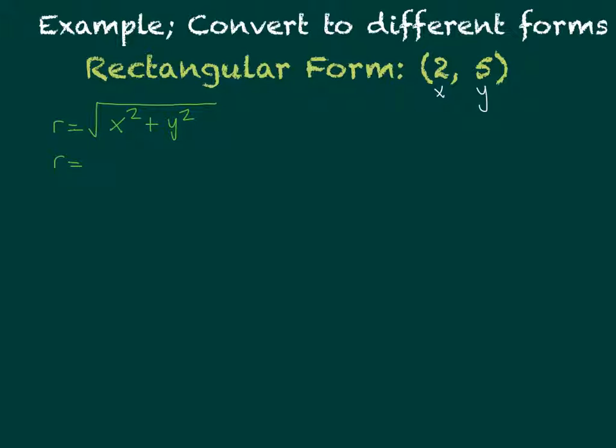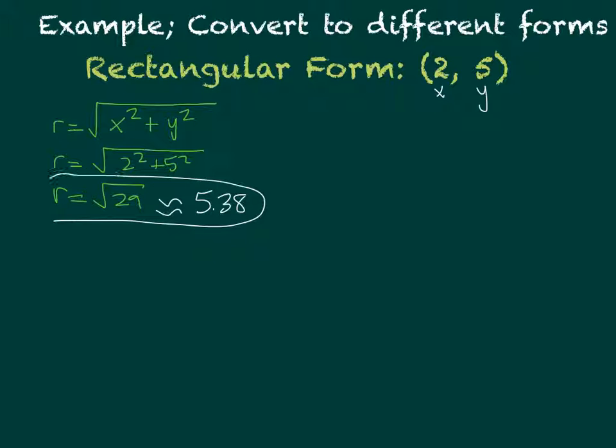So my radius is going to be equal to the square root of 2 squared plus 5 squared, or 4 plus 25, which is the square root of 29, which is approximately equal to 5.38. Okay, so that would be our approximation for our r coordinate.